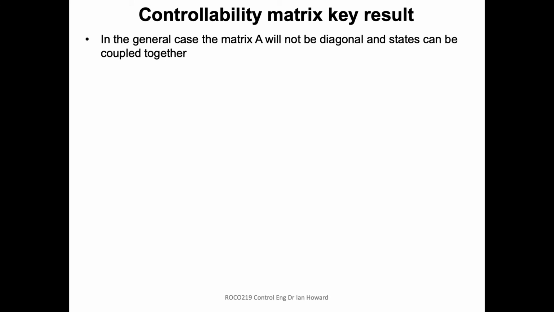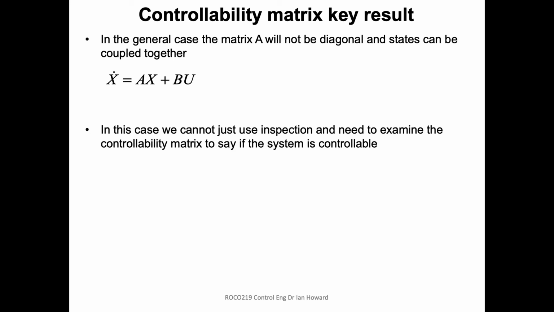Now, normally the A matrix is not going to be diagonal, and we can have couplings in there as well. So we can't just look at the equations by inspection and say whether or not things are going to be okay. In which case we have to calculate the controllability matrix.